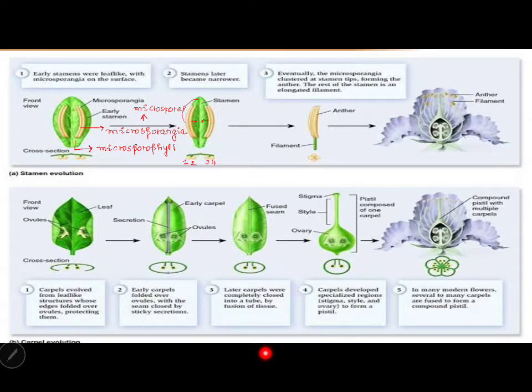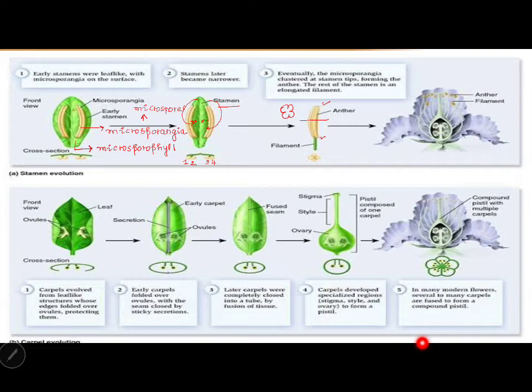When the microsporophyll is curling inside, the distance between them is reducing. And if you see, this one stage is stamen. In case of anther, the microsporangia are clustered from the tip to their basal part. If I take the cross section which you are familiar with in your textbook, it looks like this.